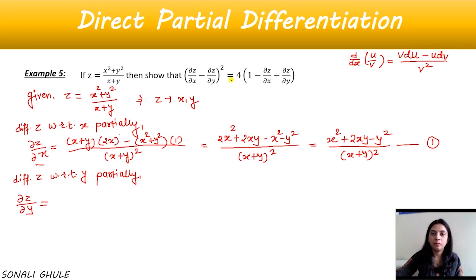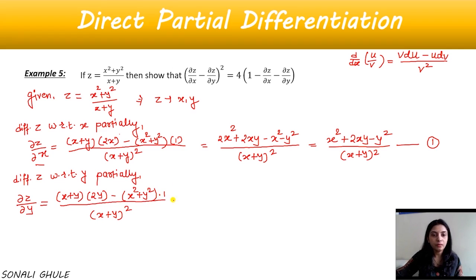Use the u upon v result because y is present in the numerator and in the denominator also. First your denominator is constant, and the derivative of the numerator is 2y, minus. Now your numerator is constant, and the derivative of the denominator with respect to y is 1, divided by the denominator whole square.